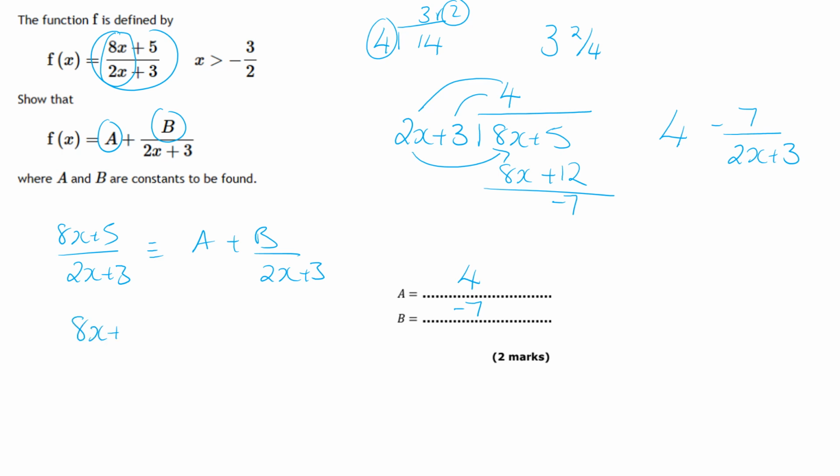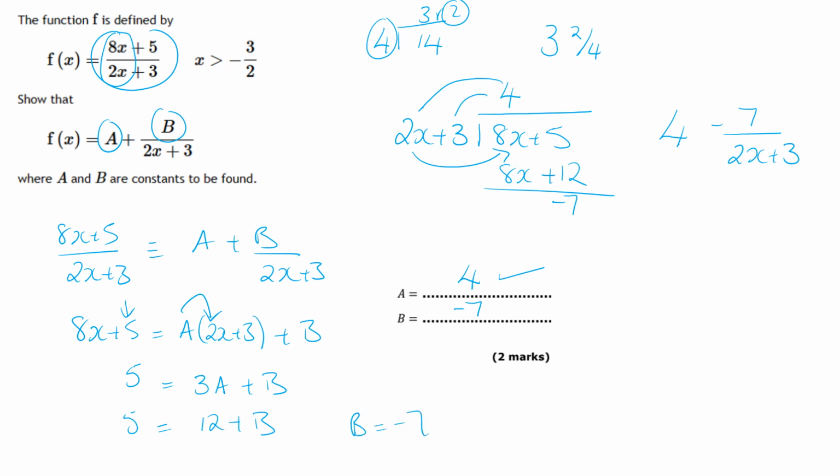You'd have 8x plus 5 is equal to A into 2x plus 3 plus the B. Now we can see the only way to get 8x here would be if A is 4, which we've got here, and then equating the numbers, we've got 5 is equal to 3A plus B, and if A is 4 again, 5 will equal 12 plus B, so B again is our minus 7.